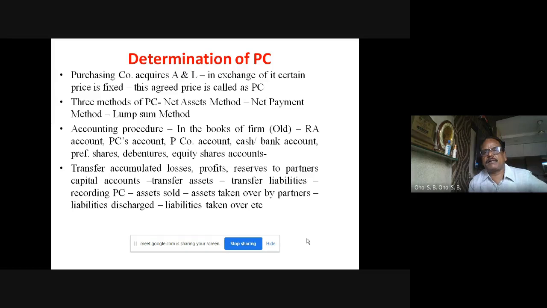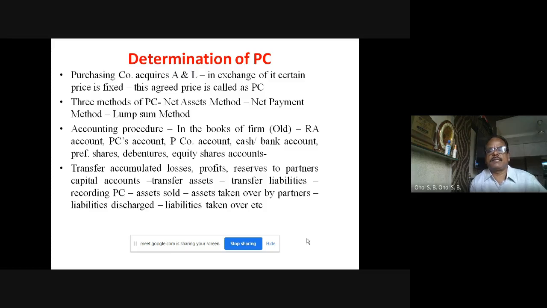Under this method, we know that whatever may be the assets and liabilities taken over by the new company or the limited company are taken at a revised value, not the book value. Some assets are taken at book value, but some assets are taken at revised value, that is to be taken into consideration in the net asset method.